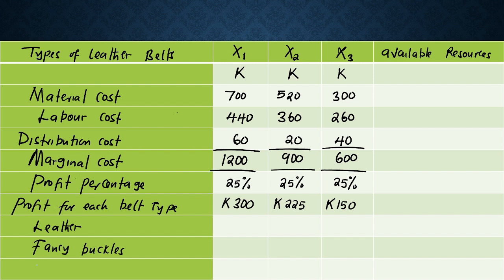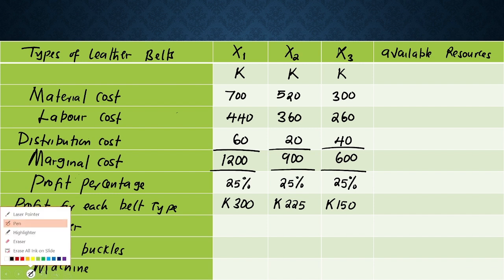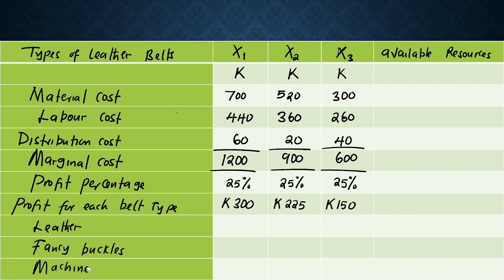Number three, we need the machining time. Now take note, we are told that for leather, the available resources per day is 900.